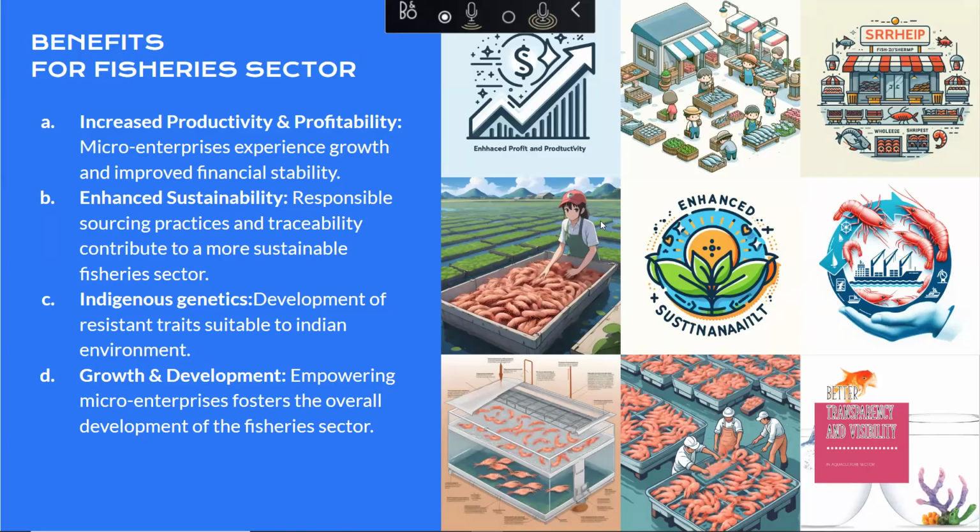At the same time, better feed products can be built that give us better growth rates, that give us better feed conversion ratios, etc. Overall, both micro industries and major industries inside the sector benefit from it unilaterally.